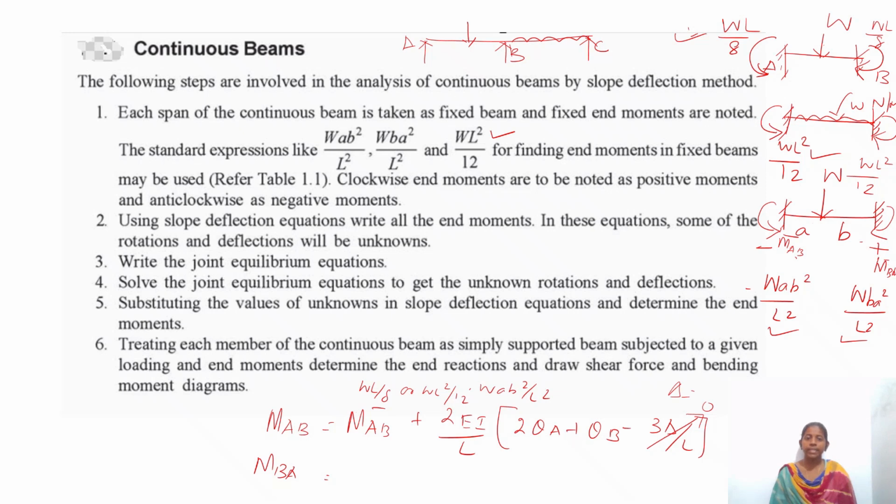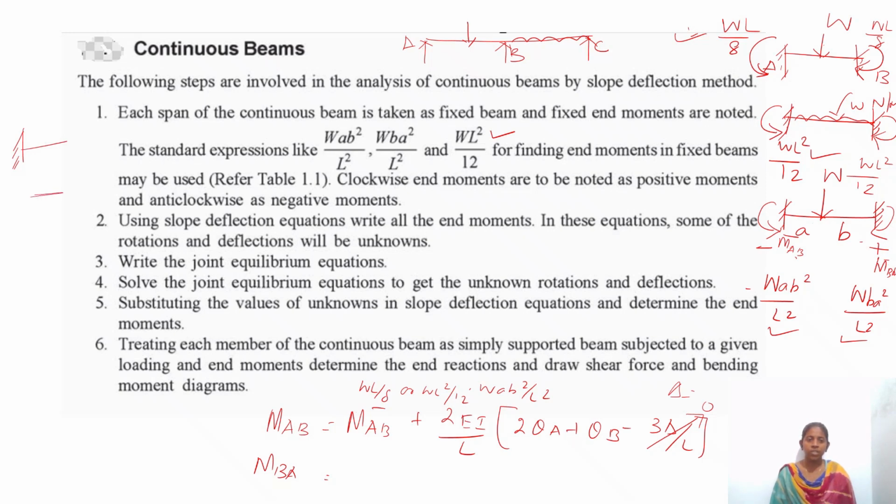Next, joint equilibrium equation. What is meant by joint equilibrium equations? You consider this joint. Actually, here the moment at the simply supported beam end is 0. The moment at simply supported point C is 0. Already known concept: the moment will exist only in the fixed end.